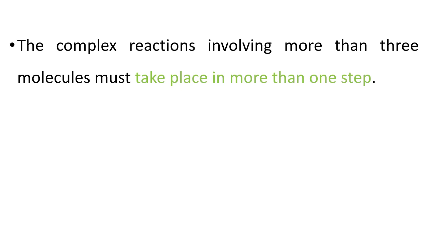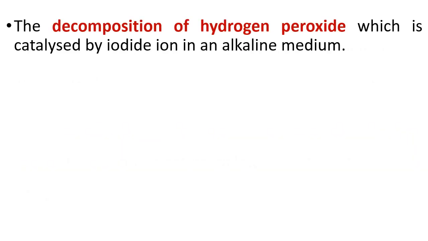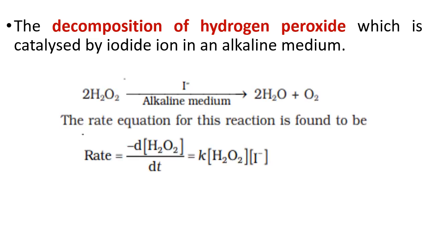The complex reactions involving more than three molecules must take place in more than one step. In such cases, the overall rate of the reaction is controlled by the slowest step in a reaction, which is called rate determining step, that is RDS. The decomposition of hydrogen peroxide in the presence of catalyst iodide ion in an alkaline medium takes place as follows.